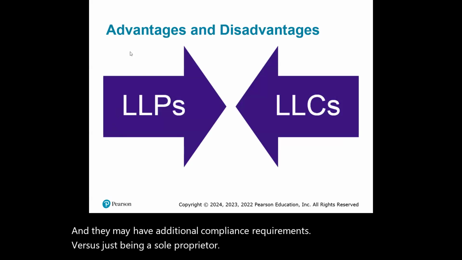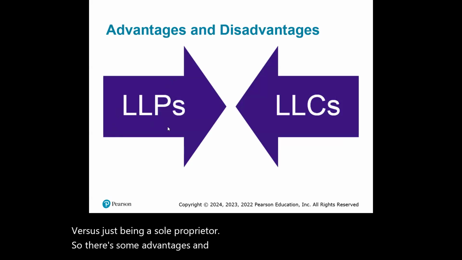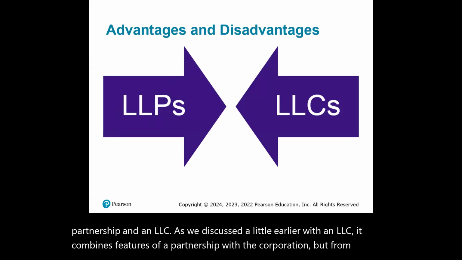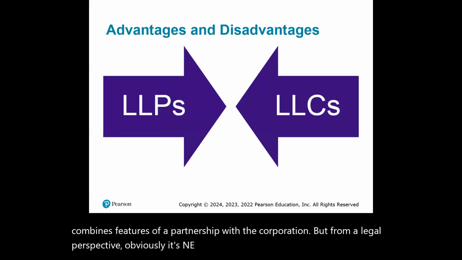So there's some advantages and disadvantages for a limited liability partnership and an LLC. As we discussed a little earlier, an LLC combines features of a partnership with a corporation, but from a legal perspective, obviously it's neither. With an LLC, owners have the limited liability features of a corporation.